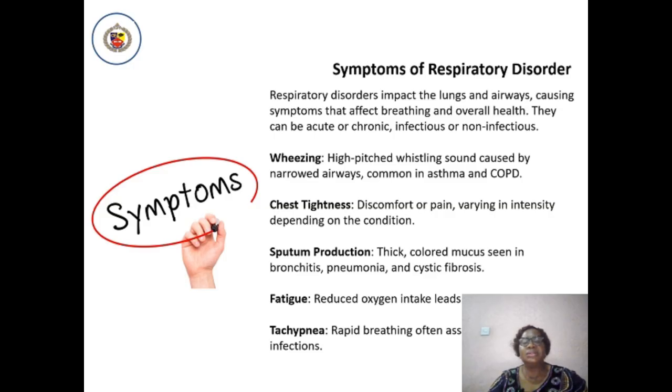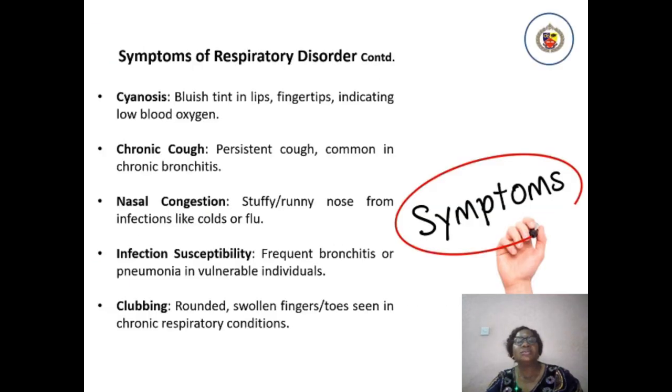Fatigue: reduced oxygen intake leading to extreme tiredness. And tachypnea: rapid breathing, often associated with acute infection.